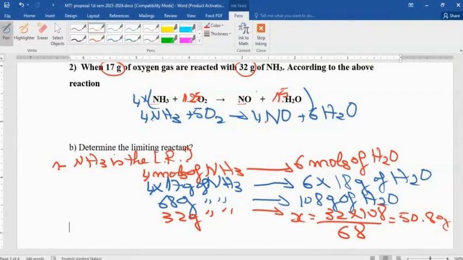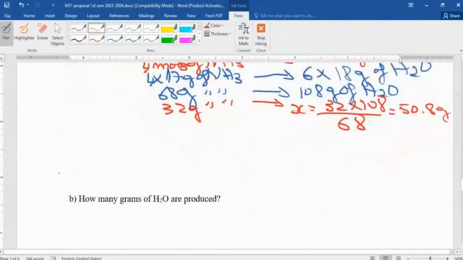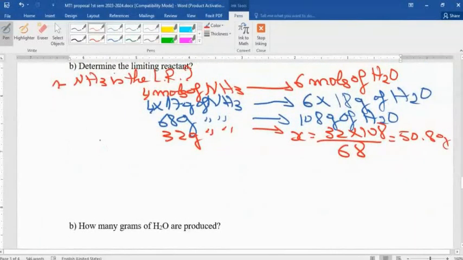Can I say that the ammonia is the limiting reactant? No, because I have to compare two values. So what will be the second value? The second value is the mass of water produced if all the oxygen is consumed. So in the second step, I ask the question: O2 is the limiting reactant?